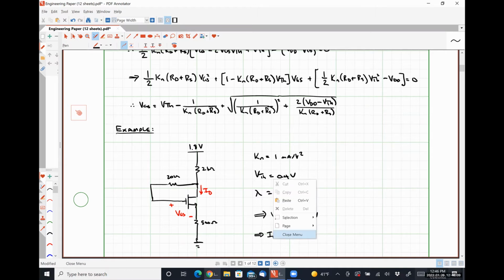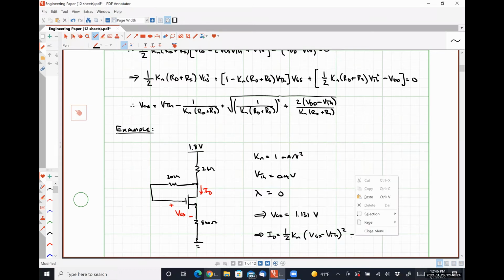So just to reiterate, because we're in saturation, ID is going to be 1/2 Kn times quantity VGS minus VTH squared. And we should get an answer of 267.452 microamperes. Verify that for me if you want.